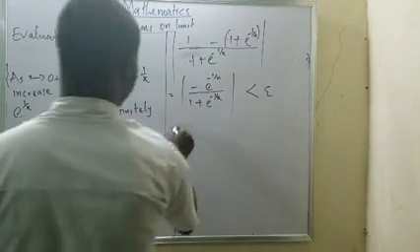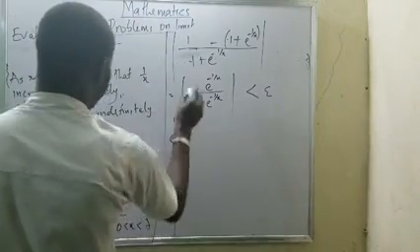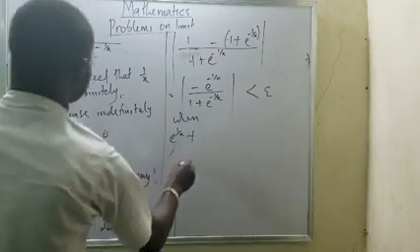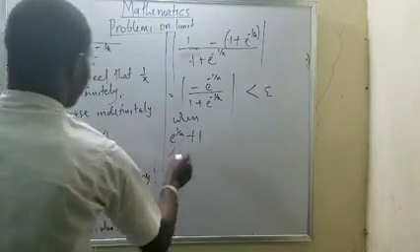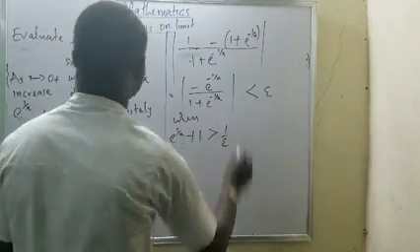Since I have it this way, I can continue when e raised to power 1 over x, plus 1, is greater than 1 all over epsilon.